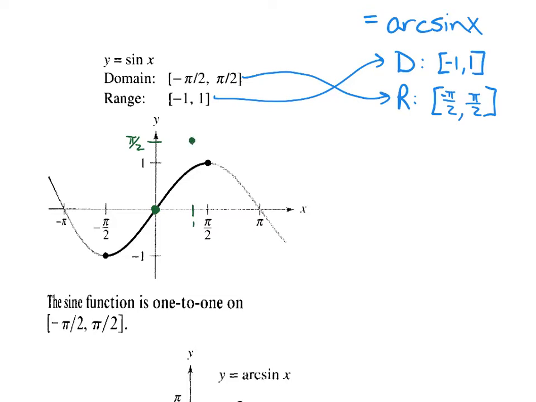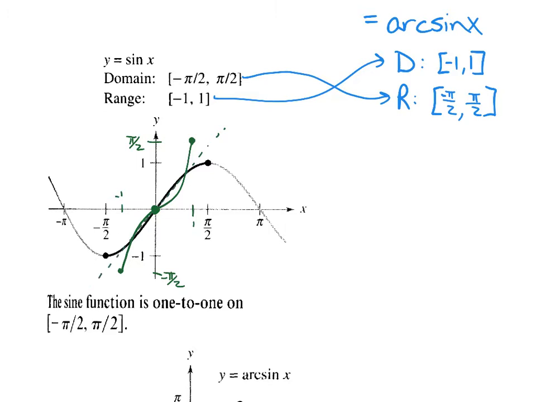The point negative pi over 2, negative 1 becomes the point negative 1, negative pi over 2. And we have that. It's reflected across the line y equals x.